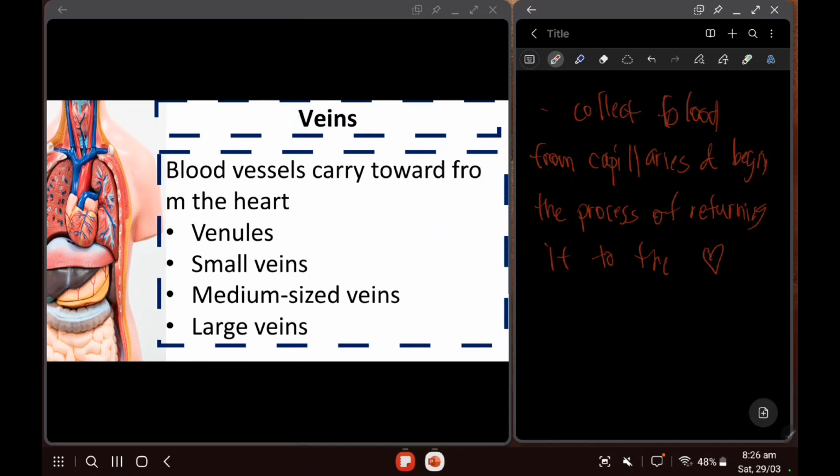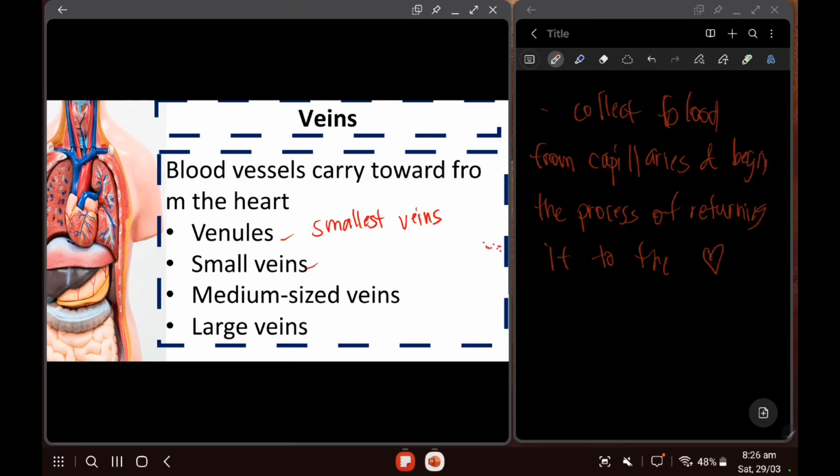So, dito, they are located at the end ng capillary bed. And nag-merge siya doon sa large bed. Yung si venules is very small vessel or small veins in the body. Si venules ang smallest veins in the body.